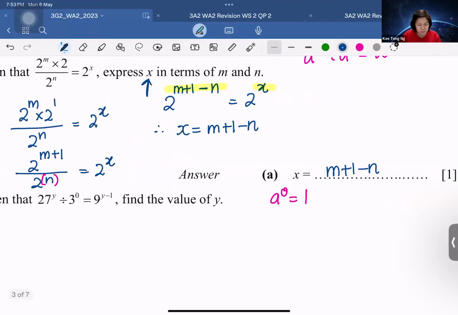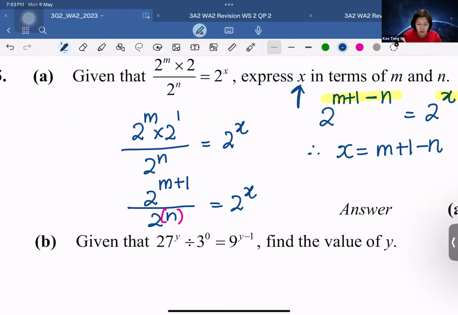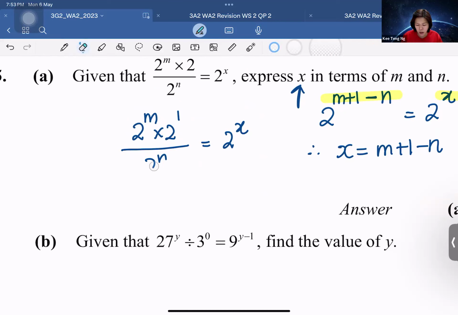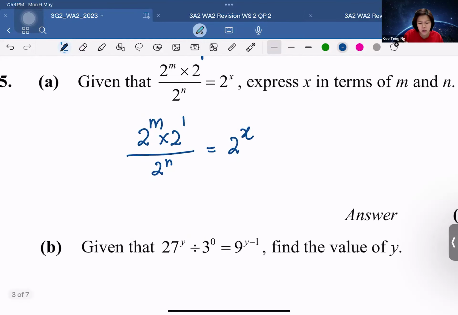Okay, I repeat again. Let me write this again. I'm copying down the whole question over here. This is what I have from the question itself, correct? Then you need to check. When I have multiplication, Arisa, what happens to the power?